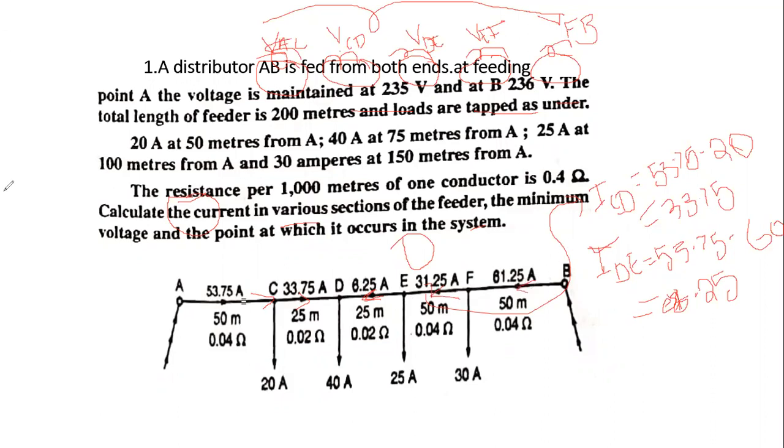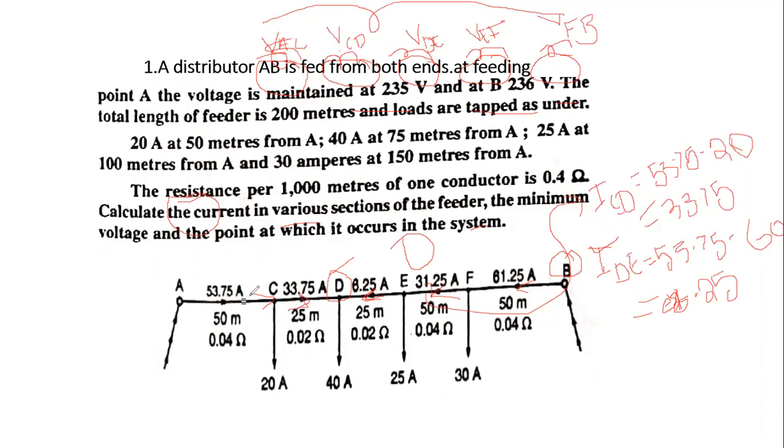What we can observe is that the minimum voltage will be obtained at point D. Therefore, the voltage is fed from point B up to D point, and up to C to D point. Therefore D is the minimum potential.